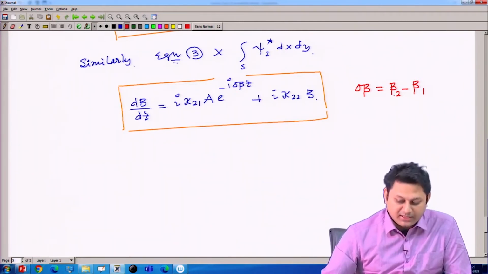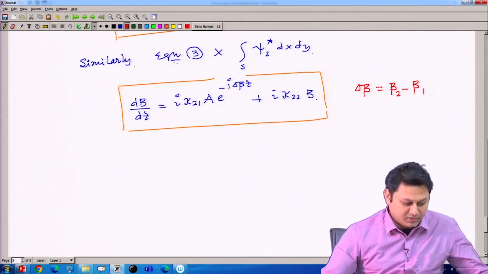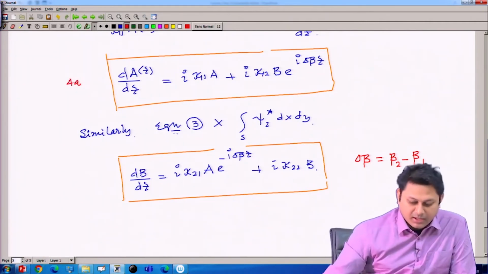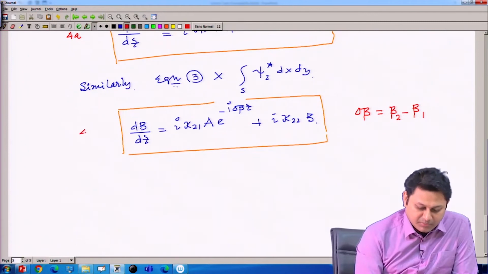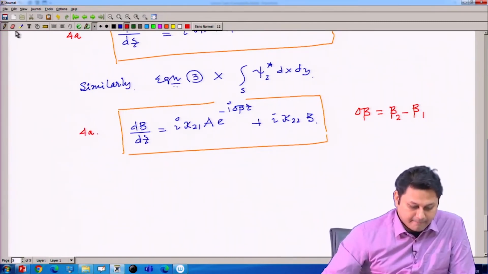So, in order to make this beta 2 minus beta 1, I need to put a negative sign. That is why this negative sign is here. So, now I have two very important equations, and I write them as equation 4a and equation 4b. These are the coupled equations, mind it. Sorry, this will be 4b.